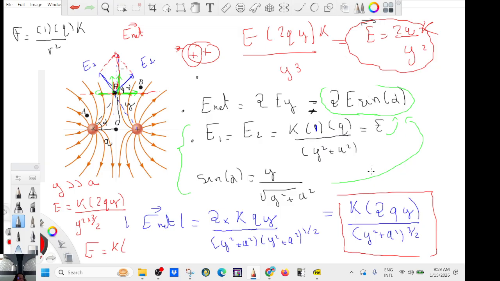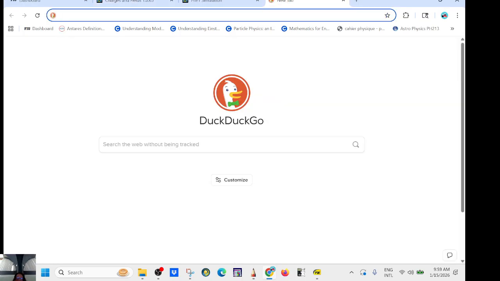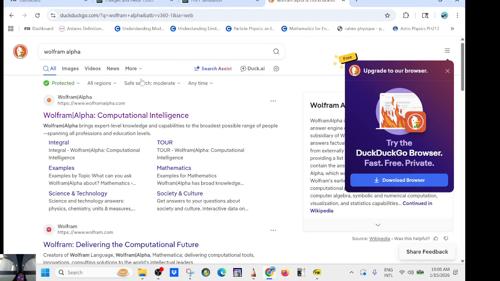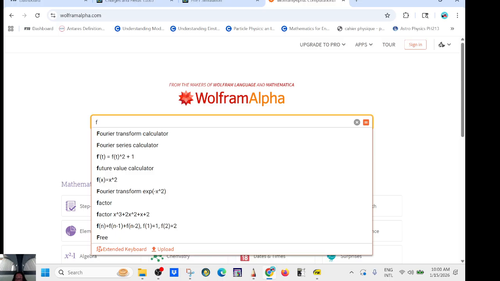Okay? So we have this expression here, 2qy, and if you are in engineering, you want to understand what's going on, right? So you want to visualize that function. Maybe you have another simulation; I only use this one because it was already hard to get how to use it.